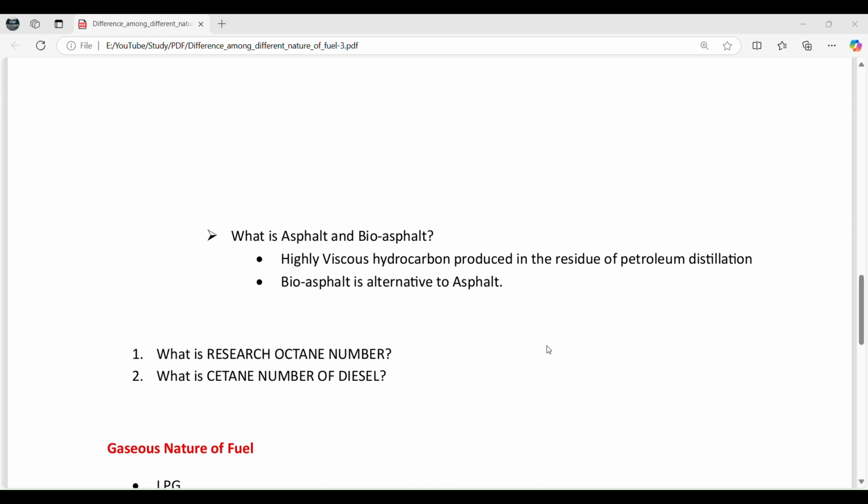So how can we compare or assume which fuel is best based on the knocking sound? Those fuels whose knocking is very low are assumed to be the best fuels. Where knocking is very high, they are assumed to be the lowest quality of fuel. Okay.